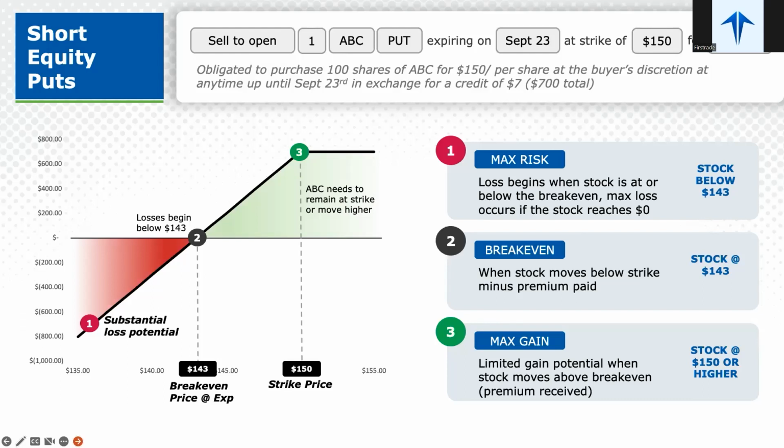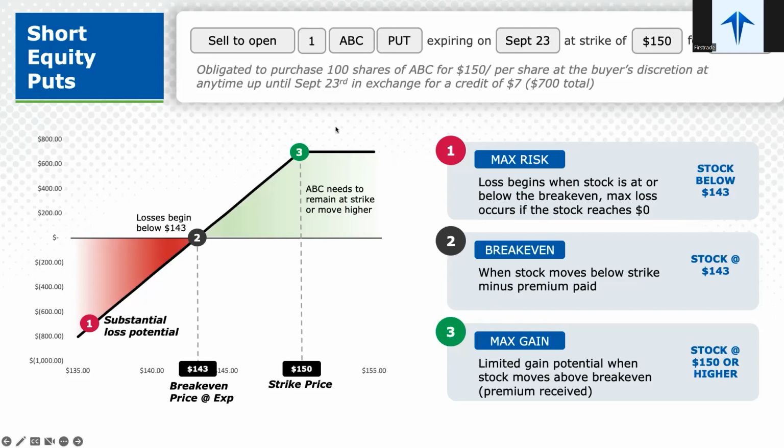So our max gain is going to be limited to the premium that's received, and that kicks in when our obligation doesn't make any sense. Meaning the person who is long the equity put owns the right to sell, so selling at 150 is what they have. If the stock in the market is higher than 150, it doesn't make sense for them to execute upon the terms of that contract, which is why this is a bullish strategy.